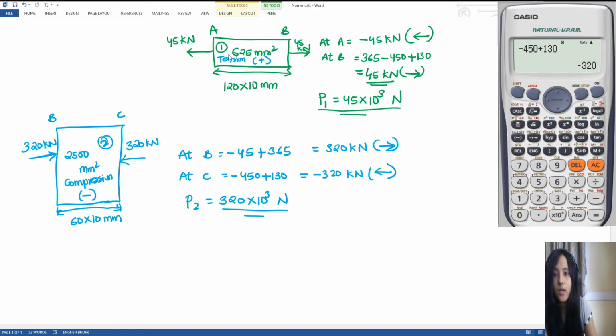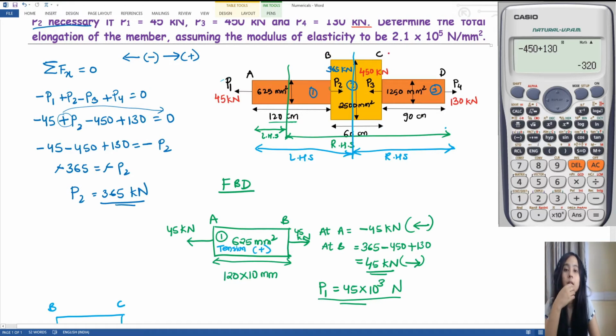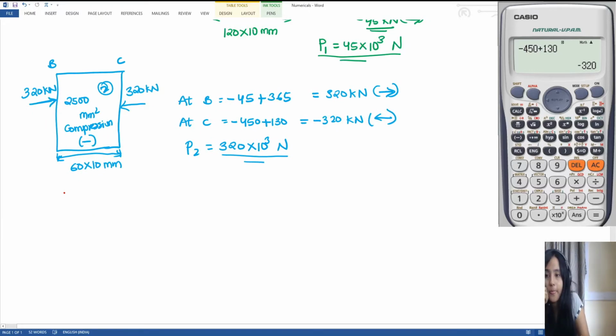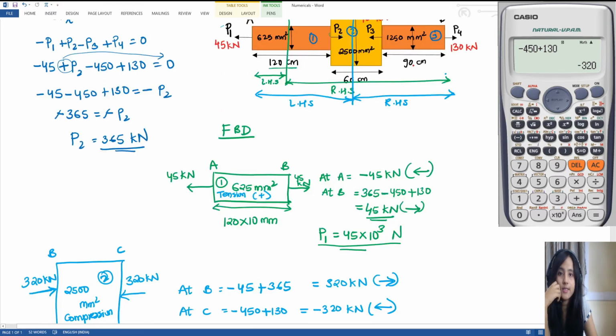Now let us find for the last section. For the last section, CD, length is 90 centimeter, and we have P3 and P4. So we have CD, and its length is 90, right? 90 centimeter.